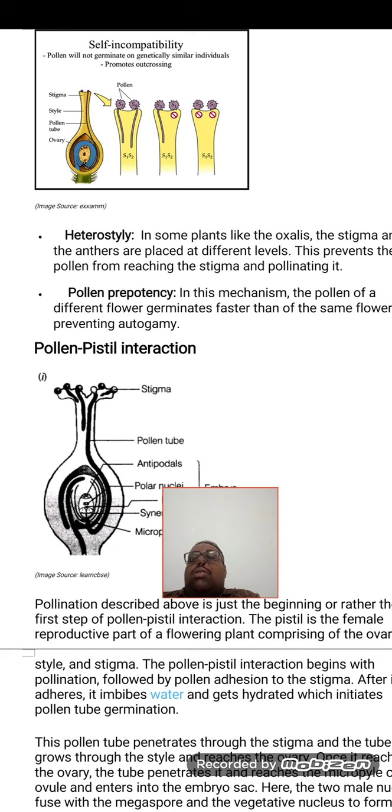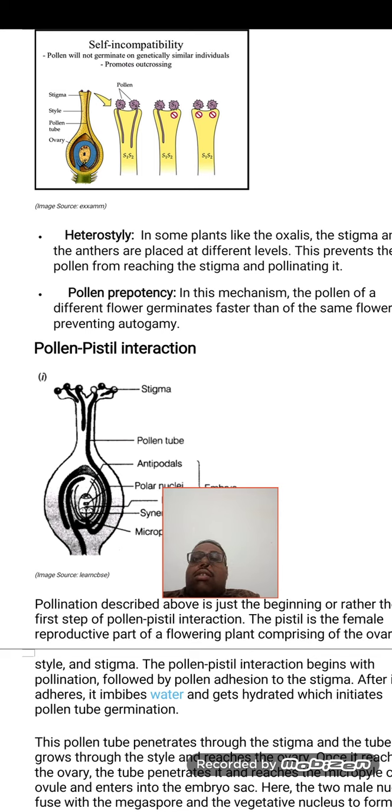So it is very important to understand this pollen pistil interaction. If the pistil or the female part doesn't recognize the pollen grain, the further growth of the pollen tubes will never take place. And this is 100 percent controlled by the genes.